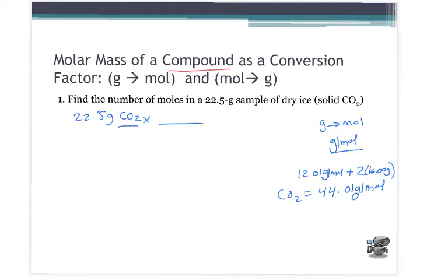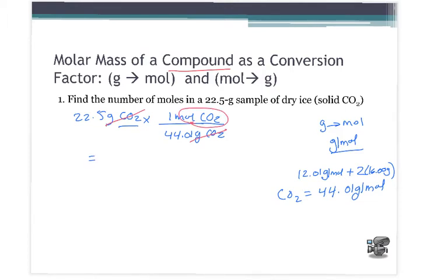Okay, so now we're using the formula mass as a conversion factor between grams and moles. So we have 44.01 grams of carbon dioxide for every 1 mole of carbon dioxide. The grams cancel out and we're left with moles.